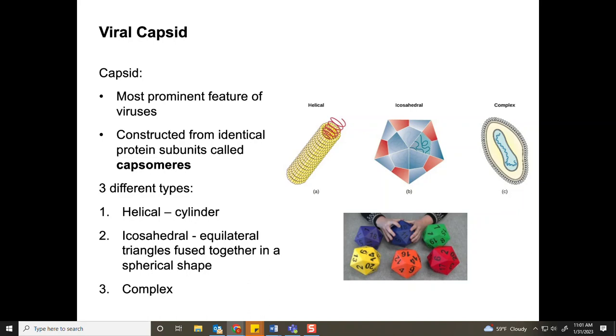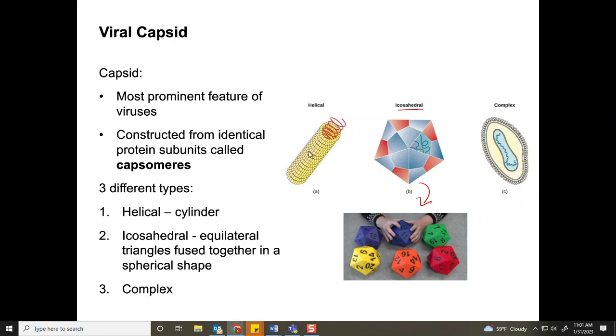So let's talk some more about that capsid. In the previous pictures, they've pretty much all been an icosahedral shape. I kind of relate that to these fancy multi-sided dice. But the capsid is the most prominent feature of the virus. It's the most visible. It's constructed from these identical protein subunits that we call capsomeres.